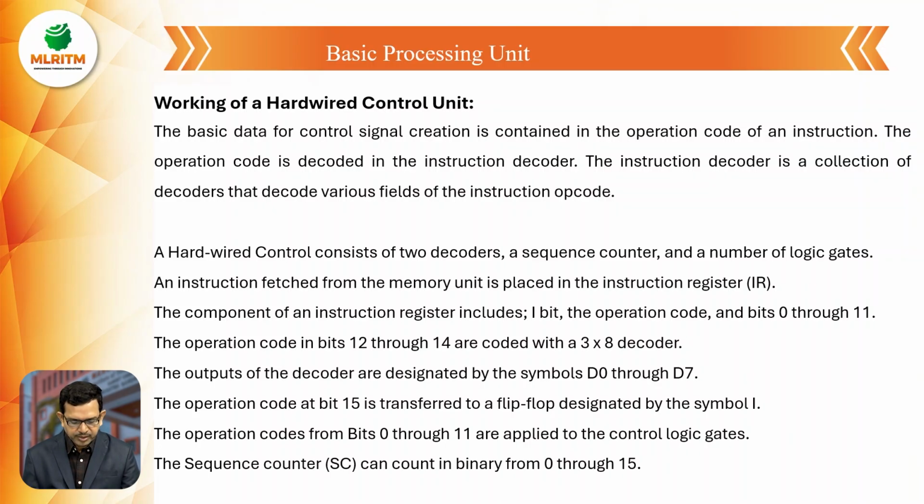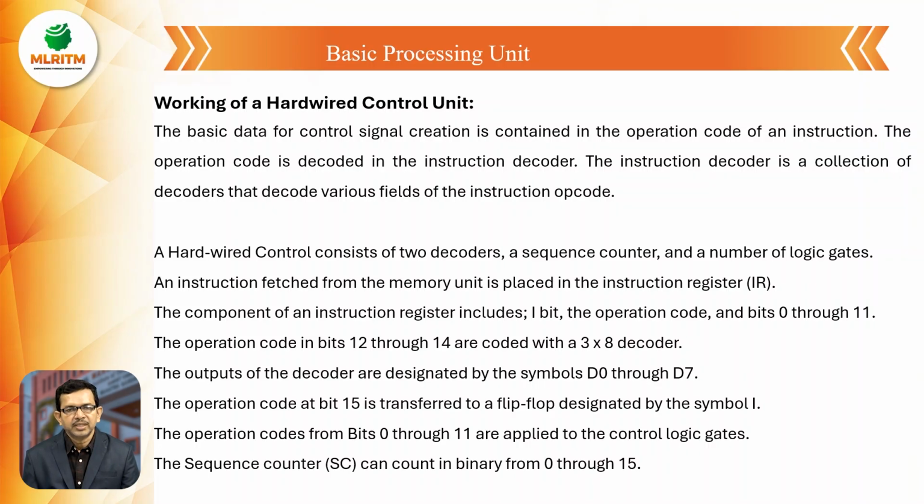See, the operation code bits from 0 to 11 are applied to the control logic gates. Because they carry memory address bits 0 to 11, these are all linked to the control logic gates as inputs. The sequence counter can count in binary from 0 to 15 because the instruction register carries 16 bits, or it is a 16-bit register.